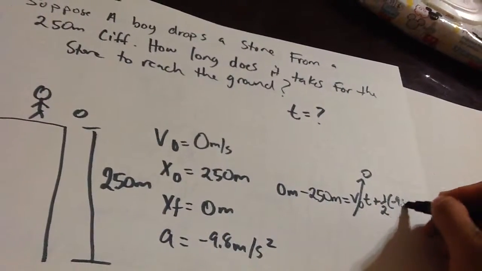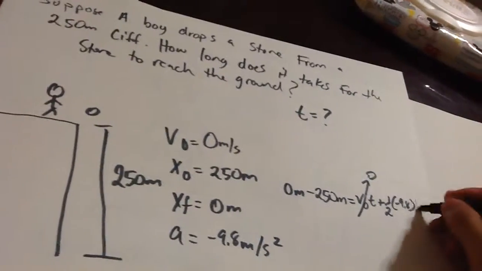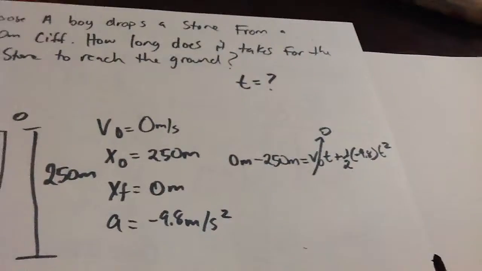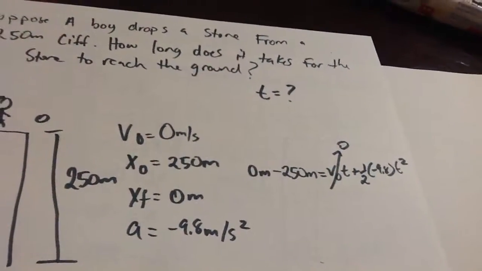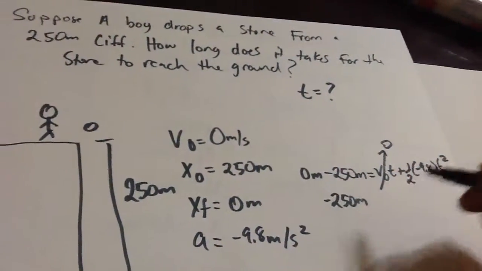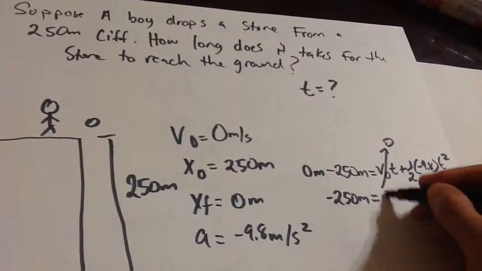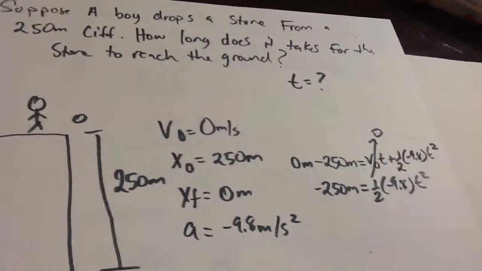Acceleration is negative 9.8 t squared. And from here, you just cancel out stuff and multiply them out. So this would be negative 250 meters is equal to 1/2 times negative 9.8 t squared.